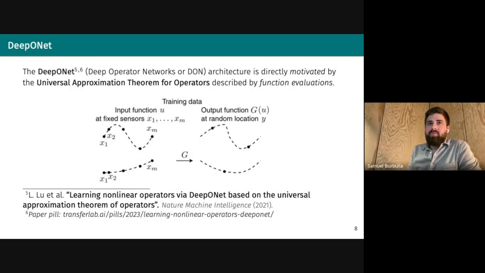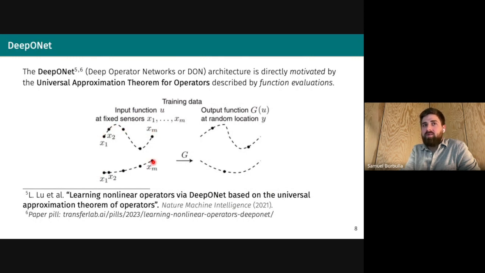And before I show you the theorem, I would like to visualize how it maps functions, how this is represented. And the question already was regarding the training data. So let's say we have an input function u. Then the theorem is formulated in a way that it evaluates this function at a set of fixed sensors, so positions x1 to xm. Like here, this is one function evaluated at these sensor positions x.